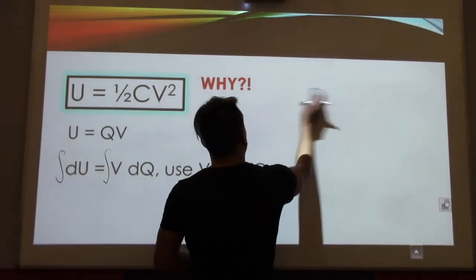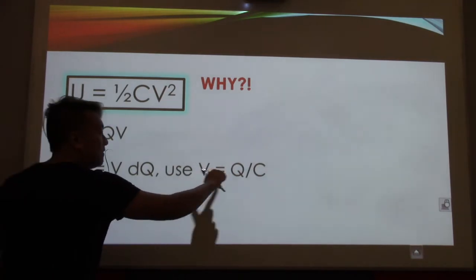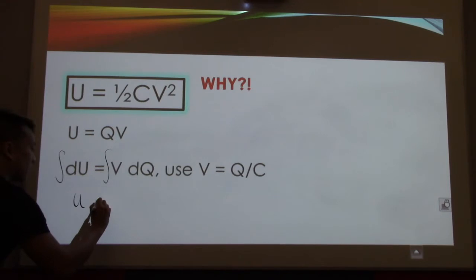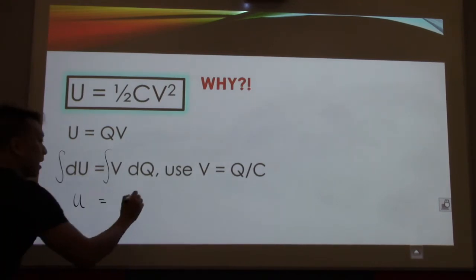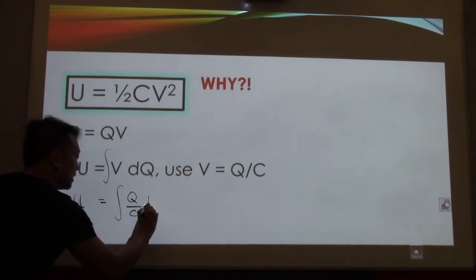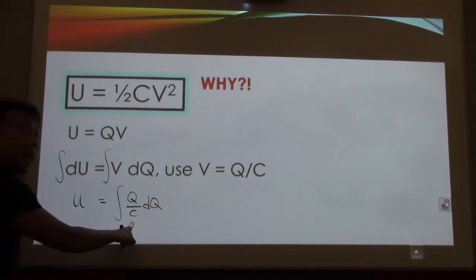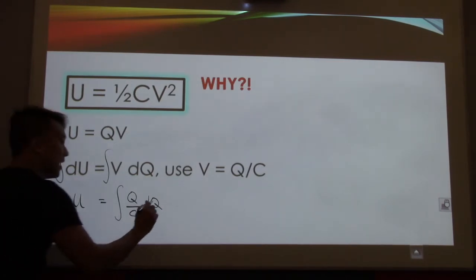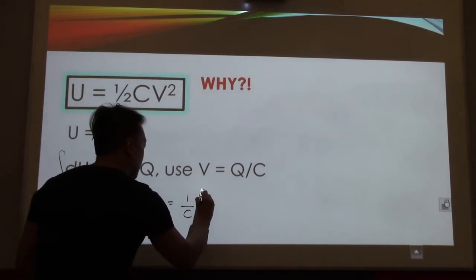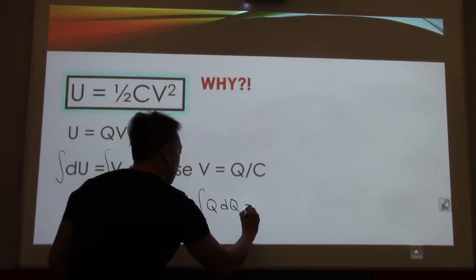When we integrate this, we can plug in V. So the integral of this is going to be U equals integral Q over C dq, right? C is a capacitance, that's a constant. I can factor that out. 1 over C integral Q dq.